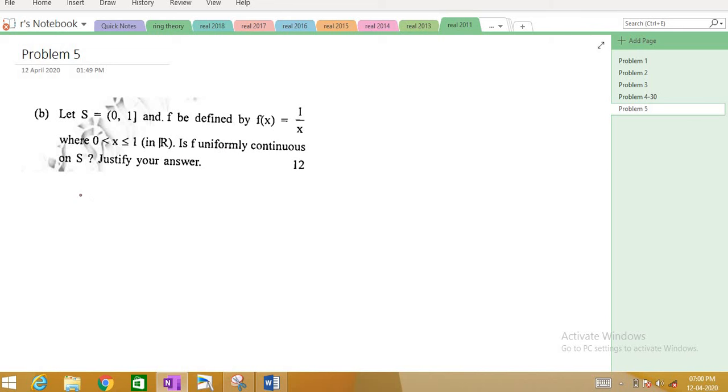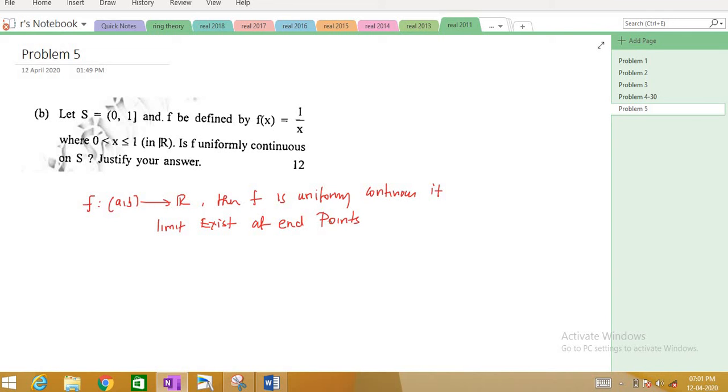I'll roughly quote the theorem: if f is a function from [a, b] to R, then f is uniformly continuous if the limit exists at both end points.